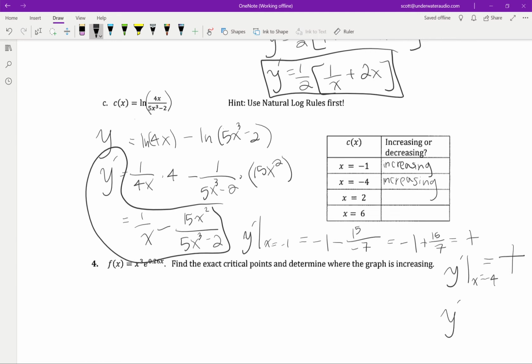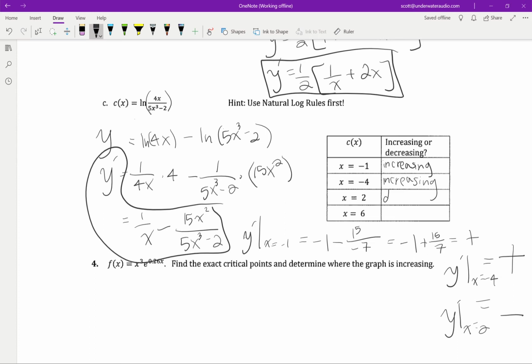So y prime at x equals 2 is my next one, something I'll put into a calculator. Okay, this time I got something negative out.